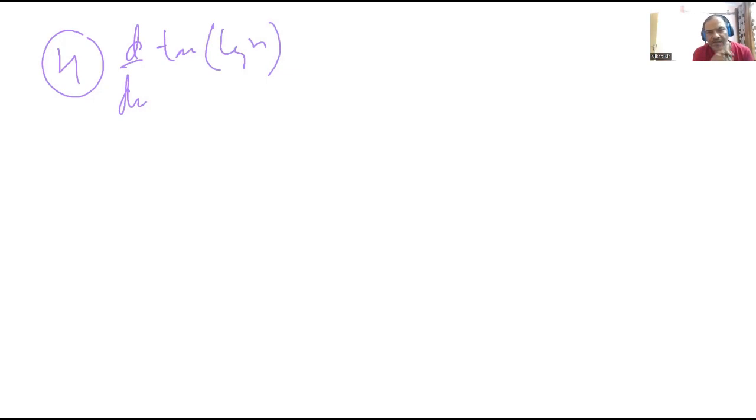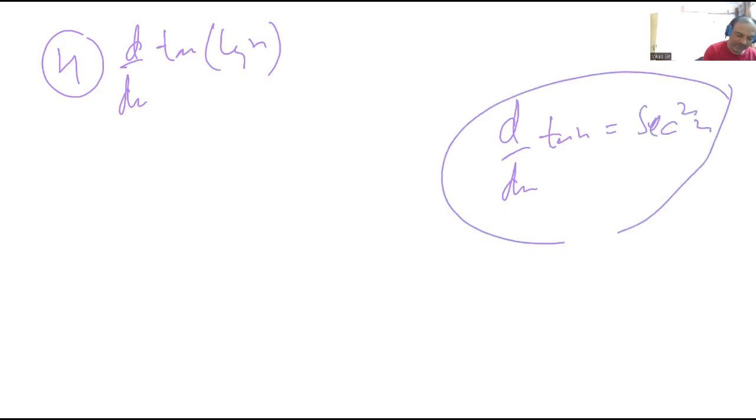Now here, the parent function is what? tan x. We are having the parent function as tan x. This is d by dx of tan x, which equals sec square x. Now here it will become sec square log x. But actually, this is not x, it is log x. And we have to differentiate the log x again. It will be like this, d by dx of log x.